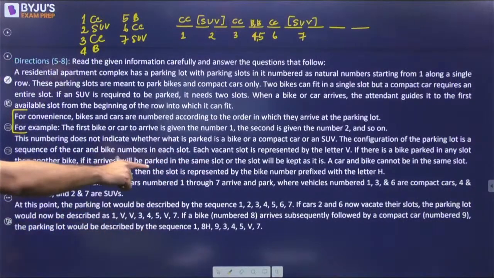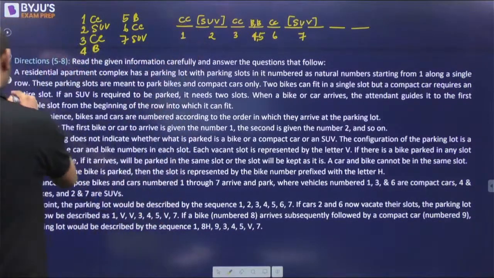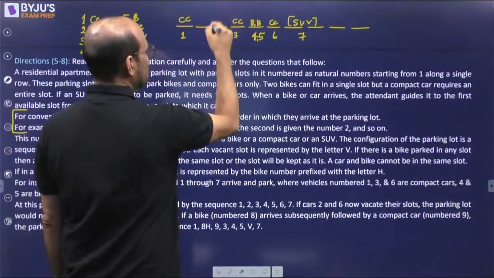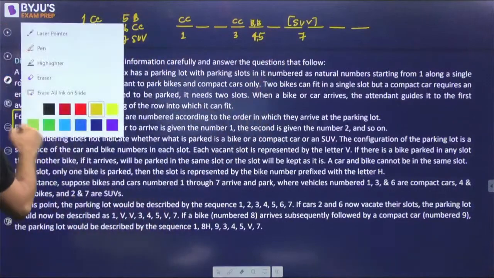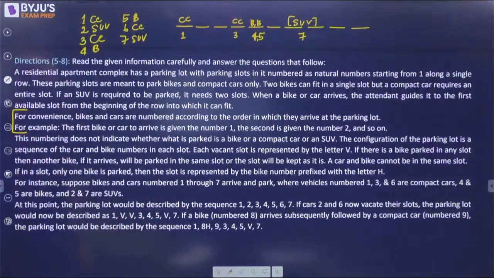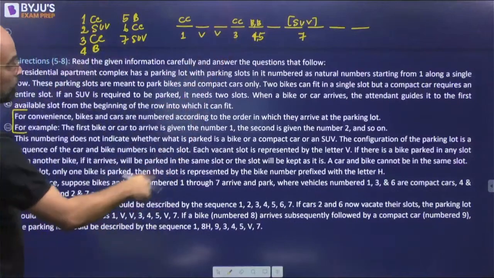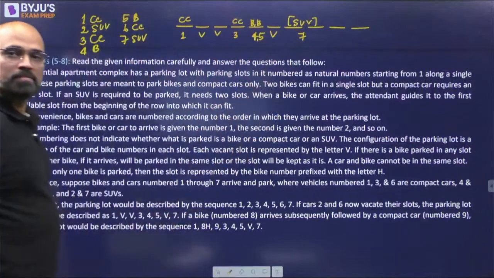Now it says if cars 2 and 6 now vacate. Right? यानी ये SUV अगर चला गया. So if the SUV vanishes and 6 vanishes, अगर ये हो गया, the parking lot now would be described as 1, vacant, 3, 4, 5, vacant and 7.